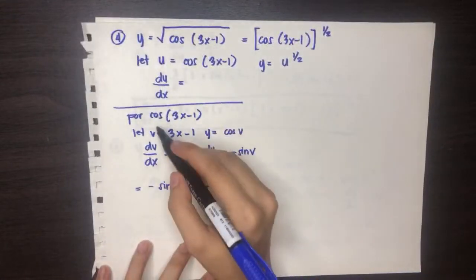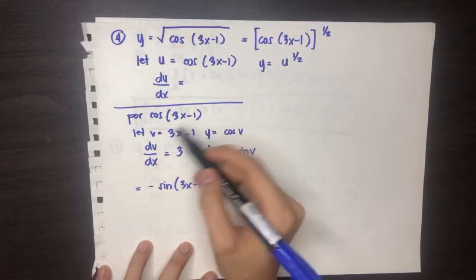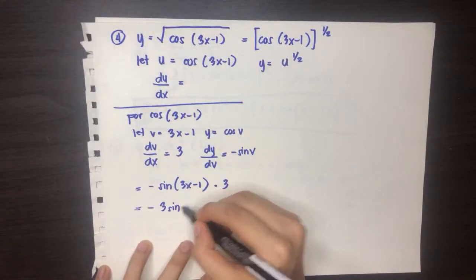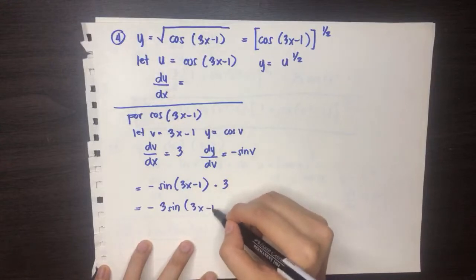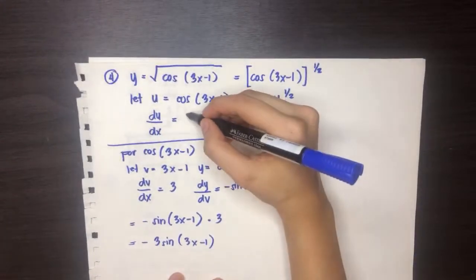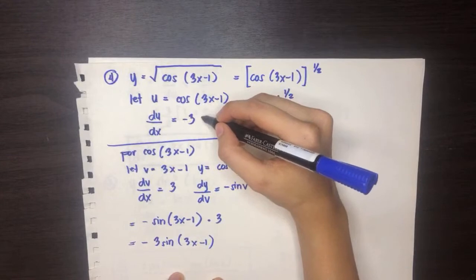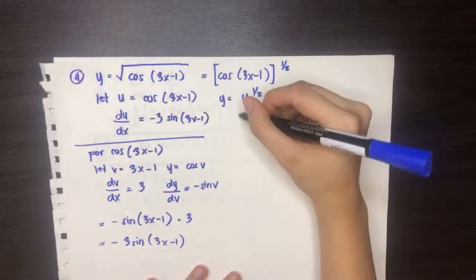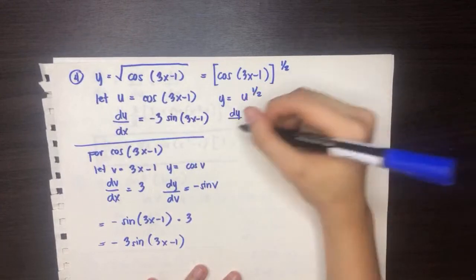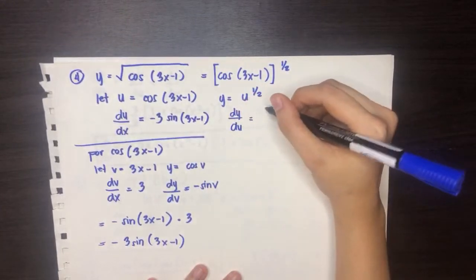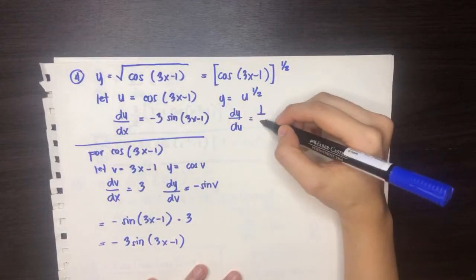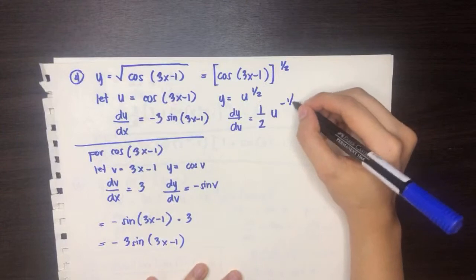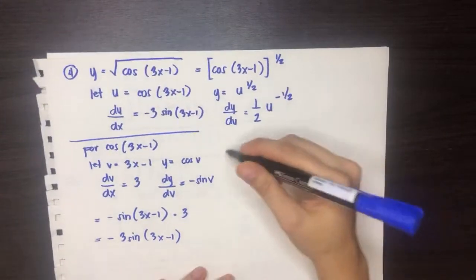So, ang derivative ni cosine 3x minus 1 ay negative 3 sine of 3x minus 1. So, ilalagay ko siya dito. Negative 3 sine of 3x minus 1. So, derivative naman ni y with respect to u is power rule ulit. So, we have 1 half u raised to 1 half minus 1 is negative 1 half.